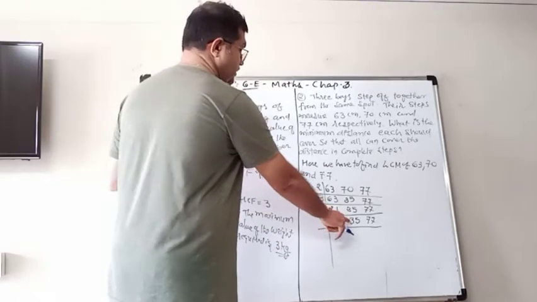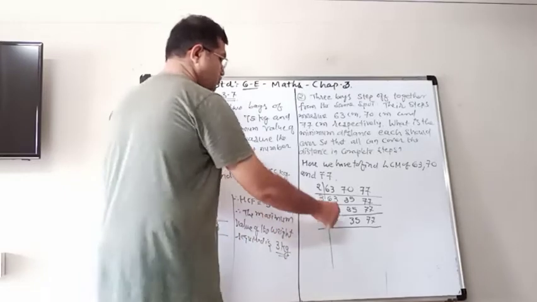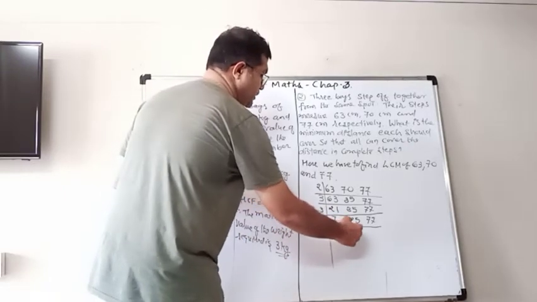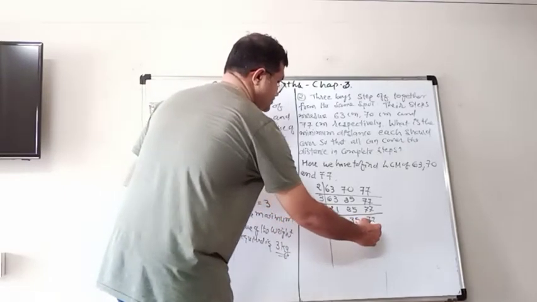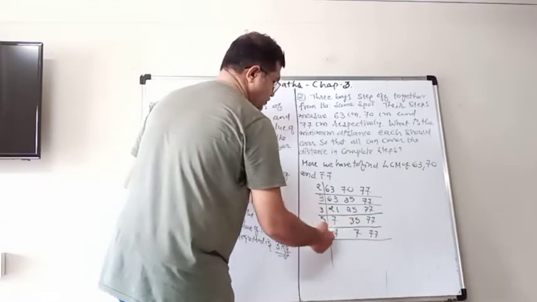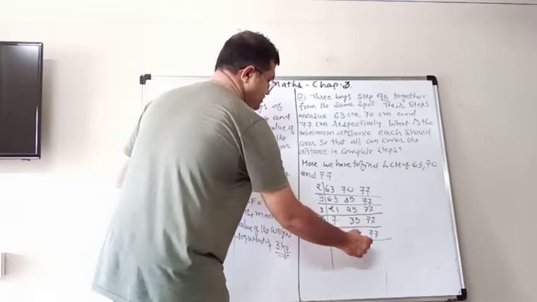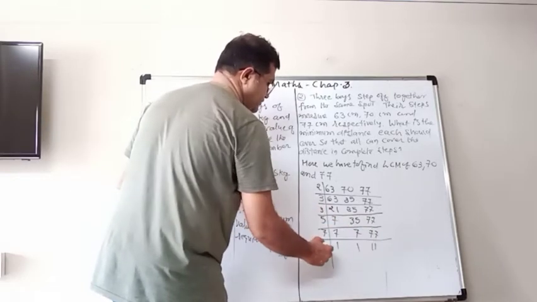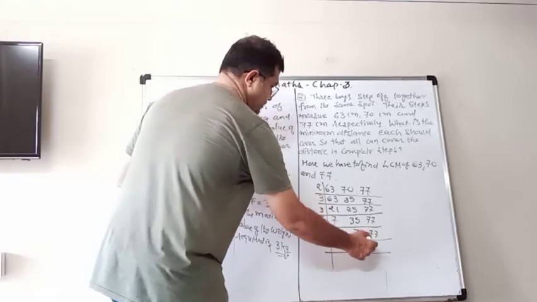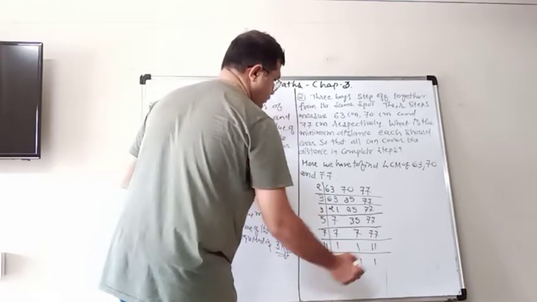Then we can see that 35 is divisible by 5. So 7 is not divisible, 5 7s are 35, and 77 is also not divisible. Now you can see all of them are divisible by 7. 7 1s are 7, 7 1s are 7, and 11 7s are 77. And lastly 11, then 1, 1 and 1.